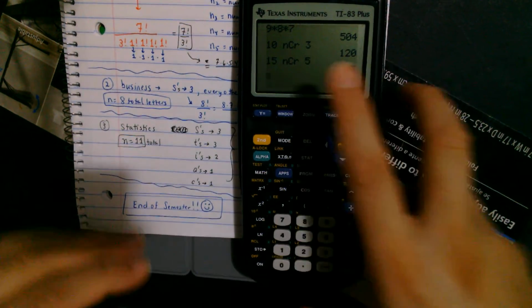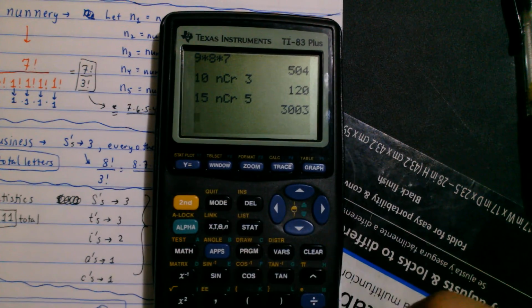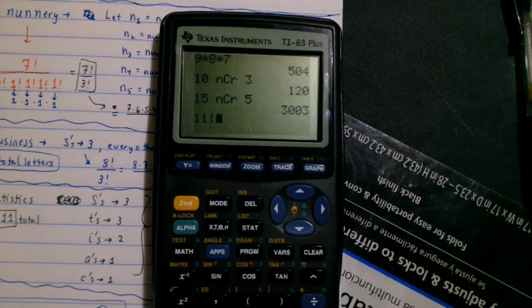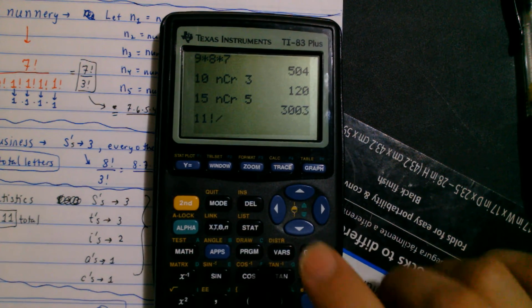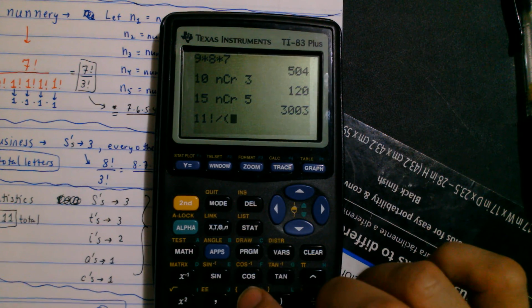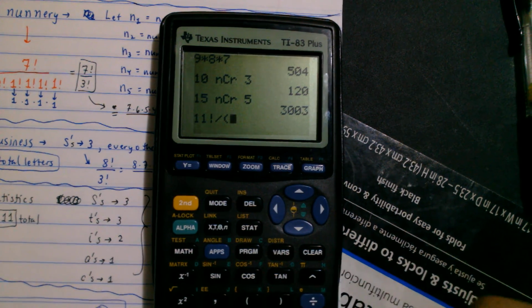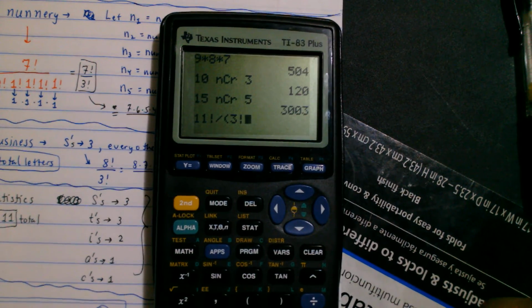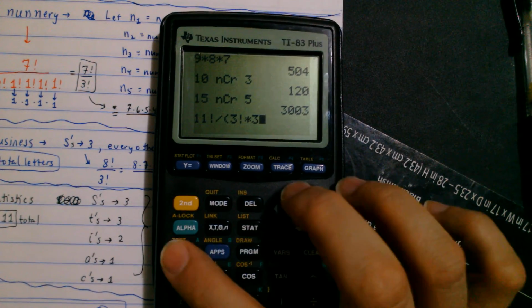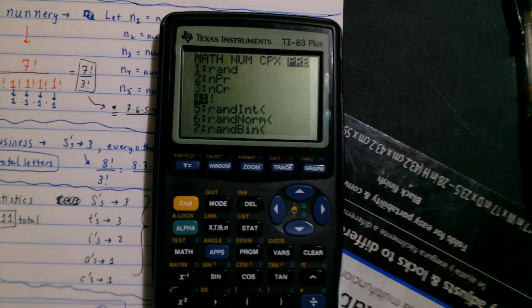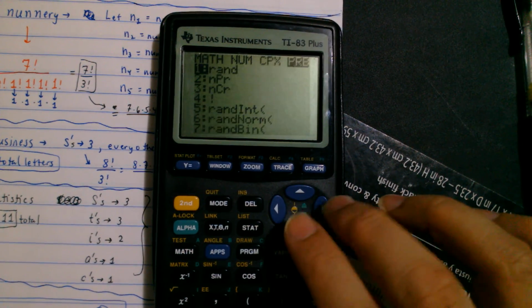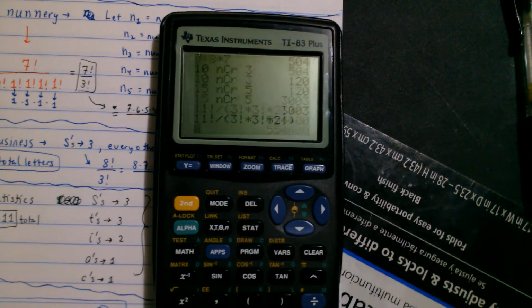Now, if you want to know how to do this with the calculator, probably shouldn't be showing you. Actually, you should have to do it on your own, but nonetheless: 11, math PRB, factorial, divided by, now we have to be careful because all this is going to be multiplied, so parentheses, 3 math PRB factorial times 3 math PRB factorial times 2 math PRB factorial, close it, and hit equals.